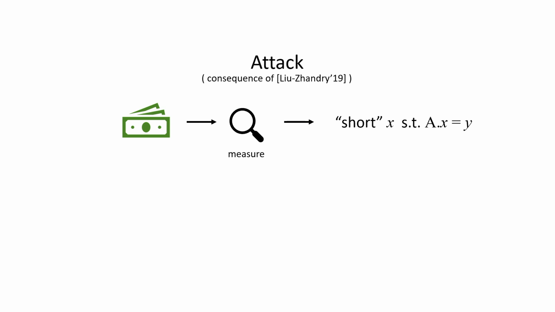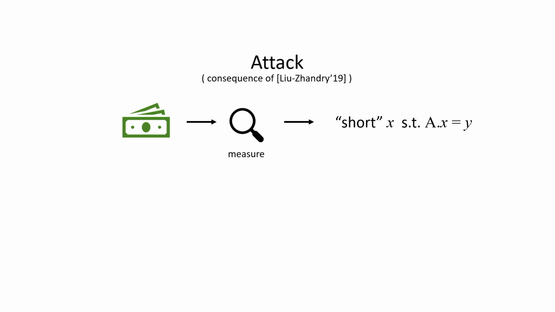Due to previous work of Liu and Zhandry, this scheme is insecure, and the reason is the following attack. The attacker measures the quantum money state in order to get a short vector x that solves A dot x equals y.